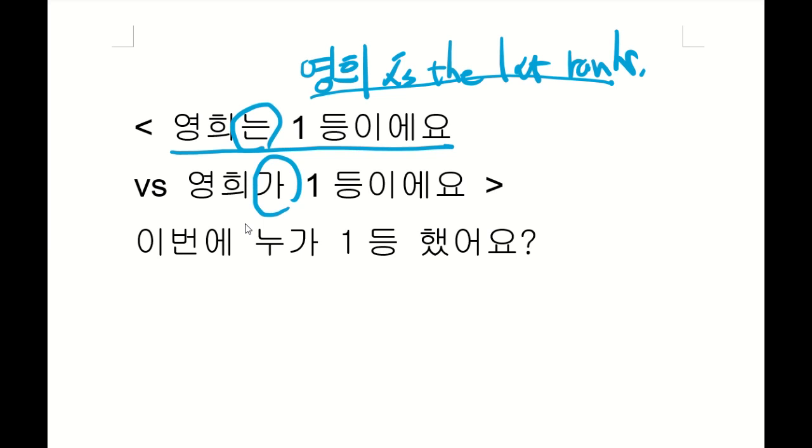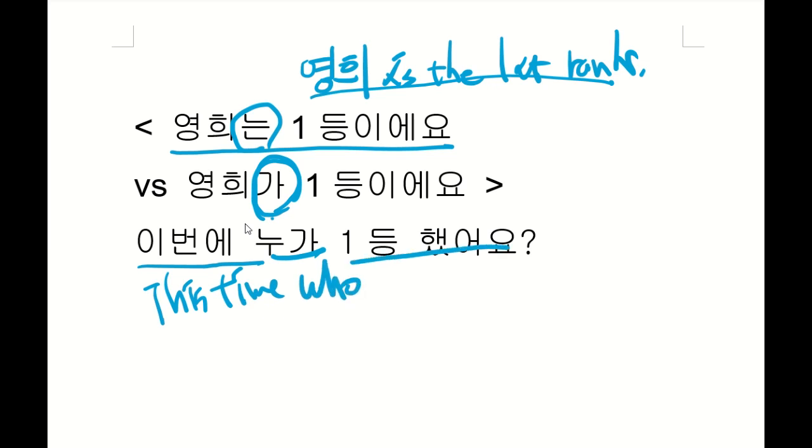She's very good at studying and taking exams. But if you say 영희가 1등이에요, then imagine the situation like 이번에 누가, who got the first place in the exam? Then I say 영희가 1등이에요. It's 영희 who got the first place in the midterm exam. 영희가 1등이에요.